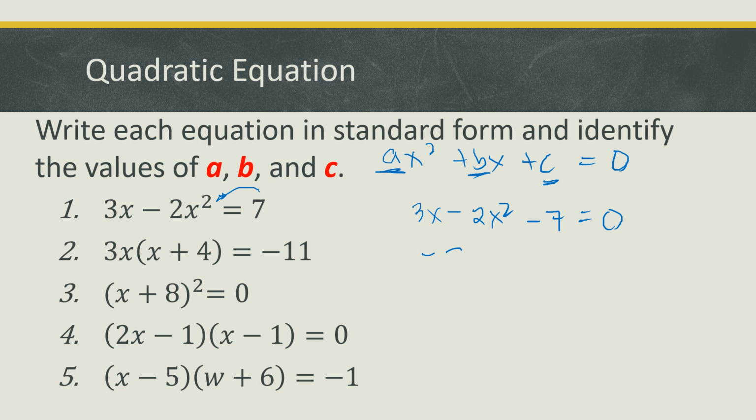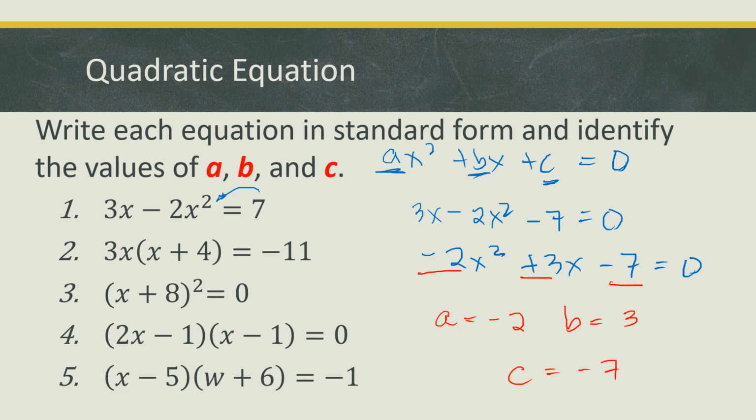So we have negative 2x squared plus 3x minus 7 is equal to 0. In this case, we have now the values of a, b, and c. That our a value is negative 2, b is positive 3, and letter C is negative 7. Do not forget the sign. It is included on the values of the given A, B, and C.